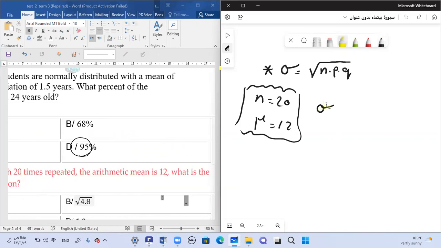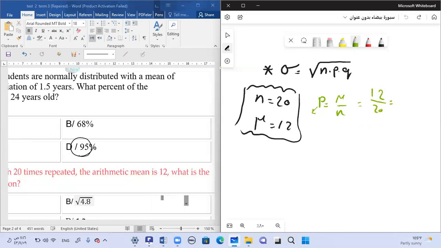How can you find p or q? We should remember there is another formula for p. Who can remember the formula? Mu over n. This is another formula to help you find p. So p equals mu over n, 12 over 20.